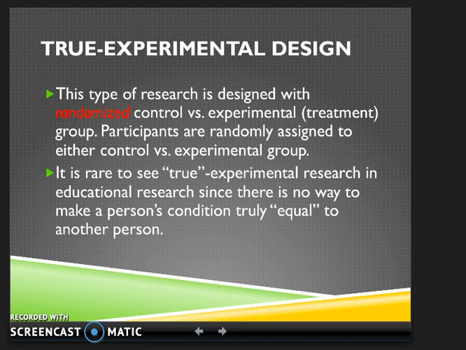So this kind of true experimental research design is usually more common in biology, science, physics, where researchers can perfectly condition and control the variables so that they can have two truly equal groups.